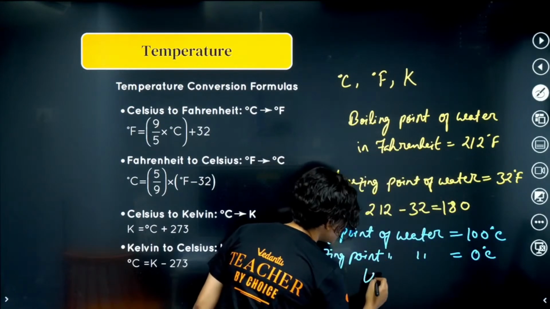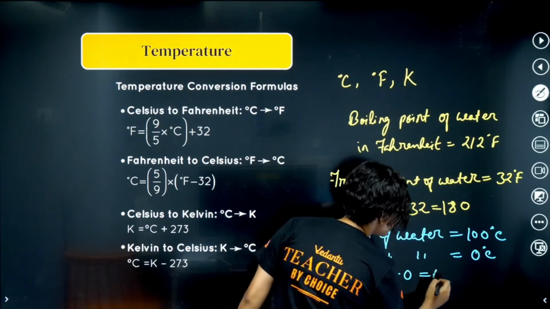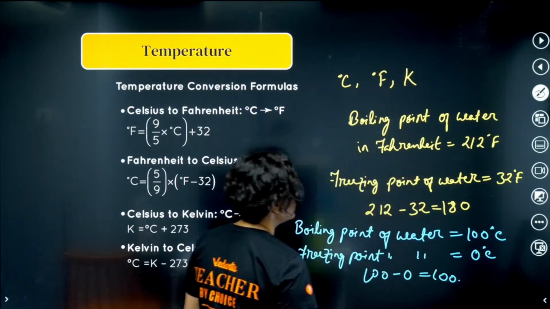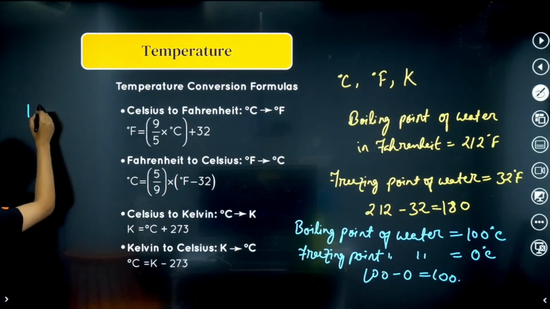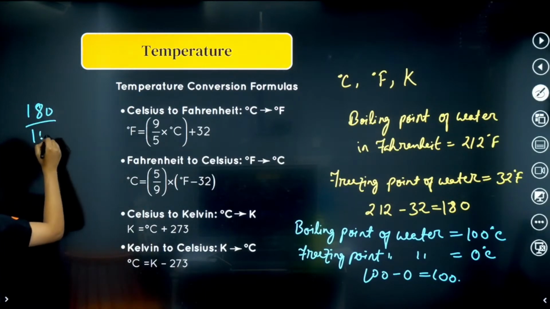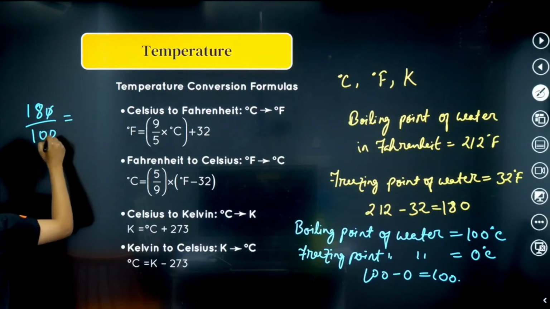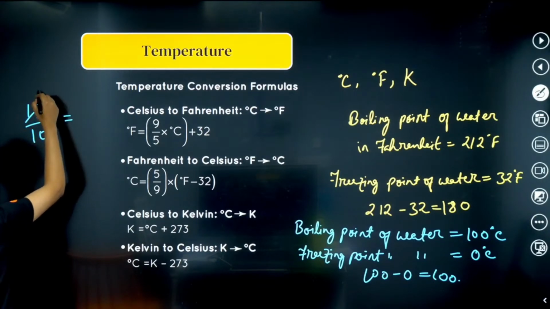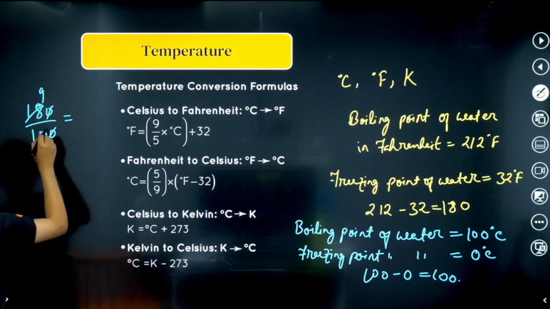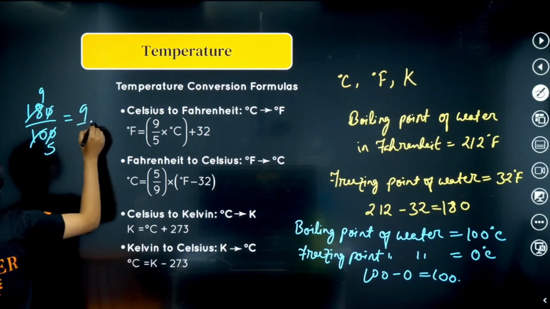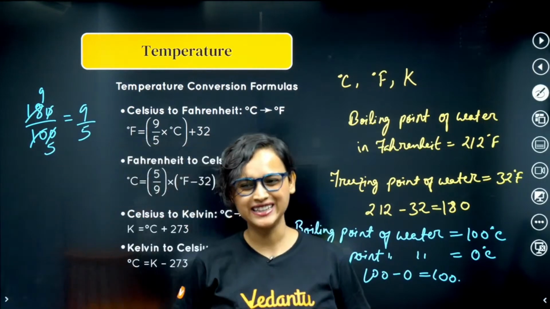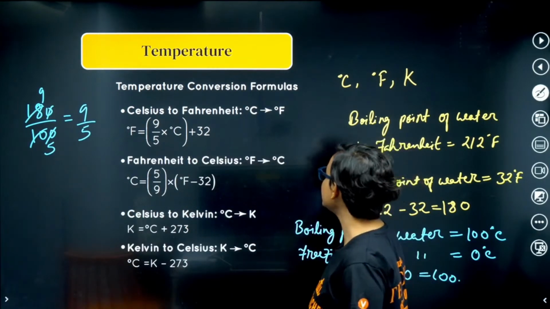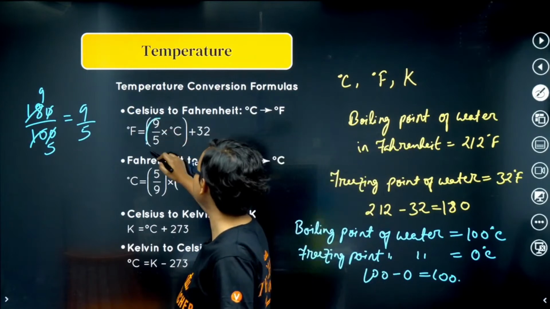So 100 minus 0 is equal to 100. Now tell me something. If I do 180 divided by 100, and simplify the zeros, then what? 2 9s are 18, 2 5s are 10, so 9 by 5. Do you get the number? Yes, you do. So this is where we get this number 9 by 5.